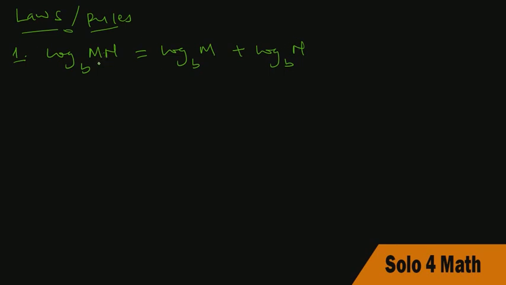That is, if there is multiplication, these numbers are multiplied. We take b to be greater than 0 but not equal to 1, so any number that is greater than 0 but not 1 can be our b, and m and n should be positive numbers. Second, if we have log of m over n base b, now we are dividing, we do the same, we separate the argument, but where there is division we subtract.